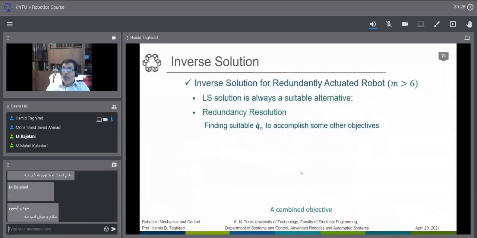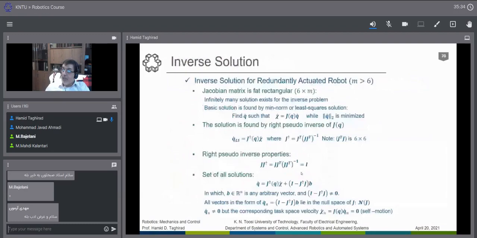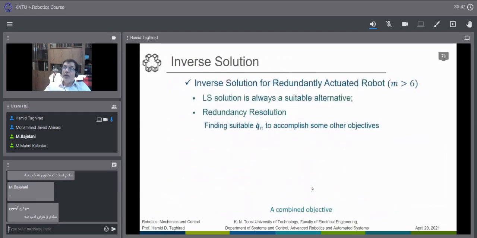Now, how to do that? The problem here, as you see, is that the B is arbitrary, and we have so many B's. How to find the B? This can provide us a freedom to optimize.